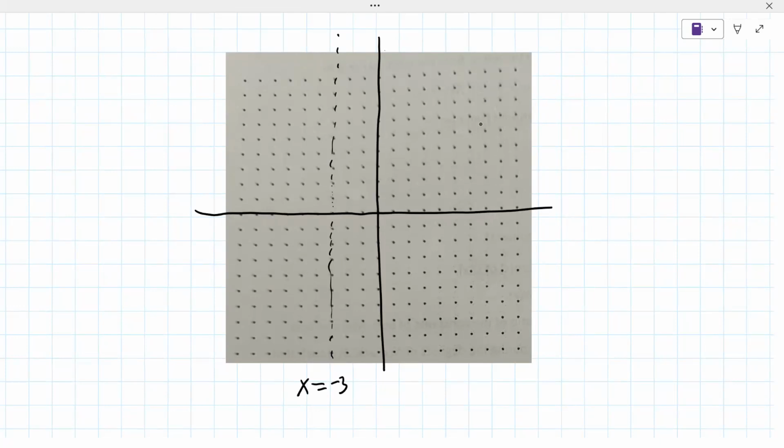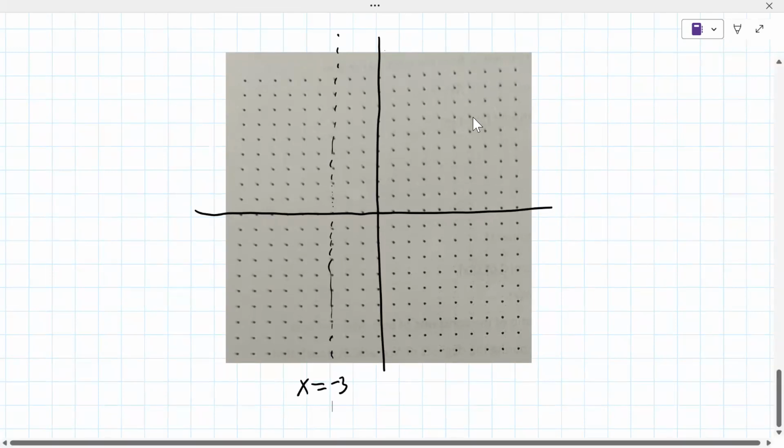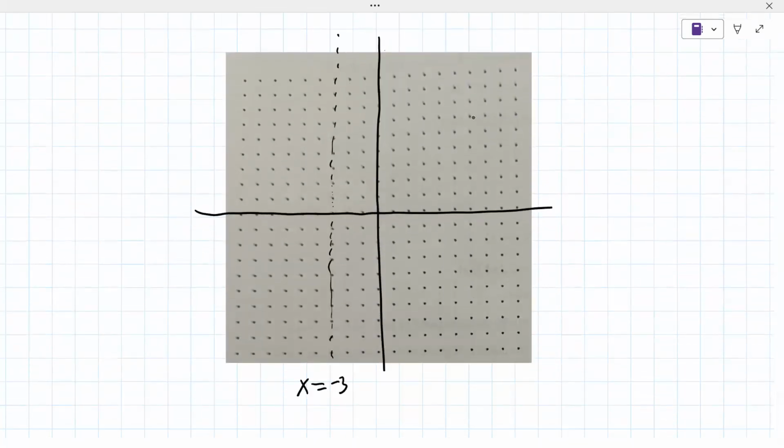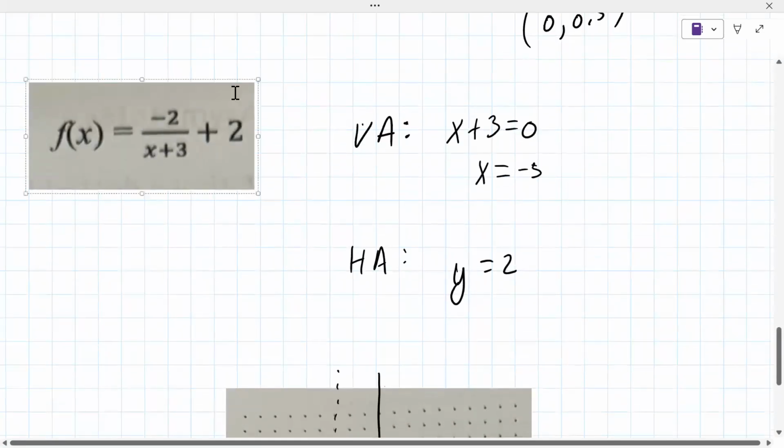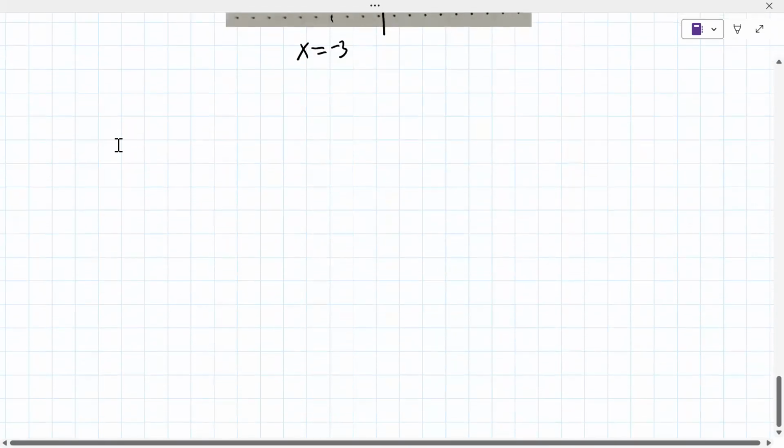And then y equals 2 is the other one. All right, there we go. Okay, so after this, we combined this into a single fraction.